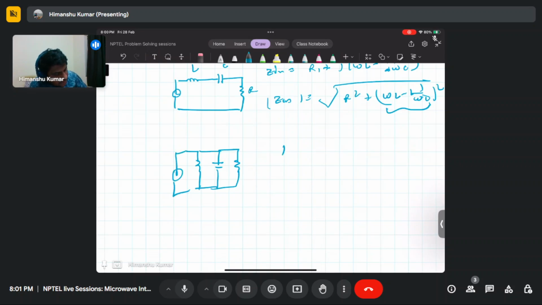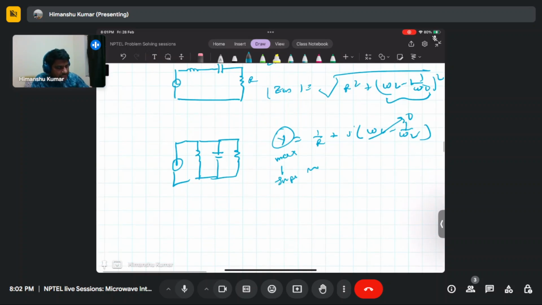You can write the admittance as 1 by R plus j times (omega C minus 1 by omega L), and at the resonance this term will be 0. So the admittance will be maximum and the impedance will be minimum.